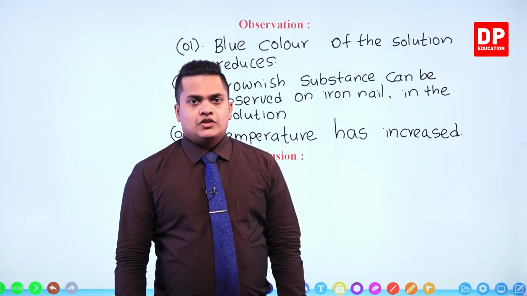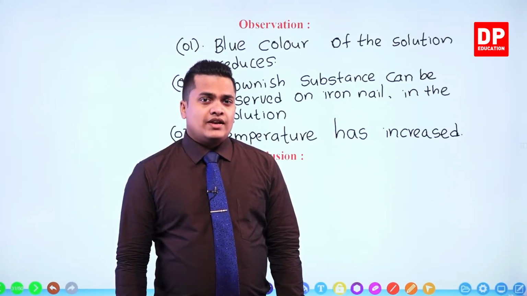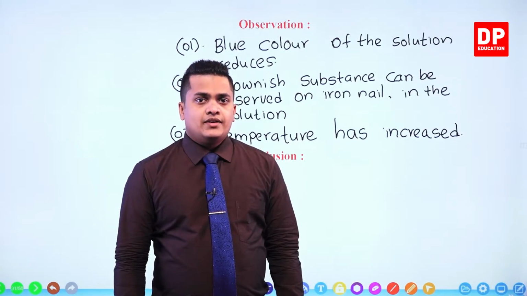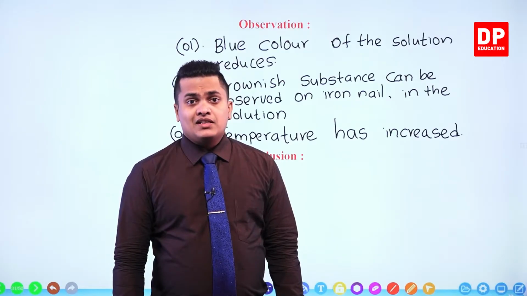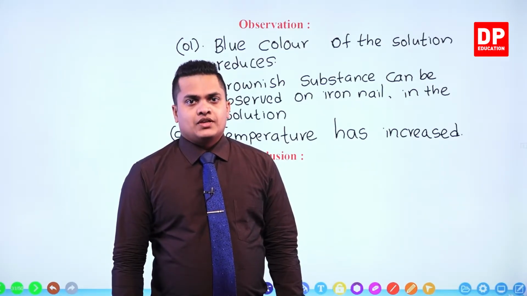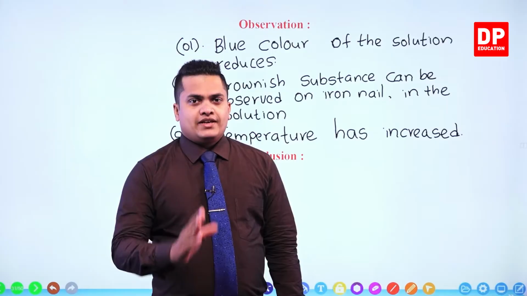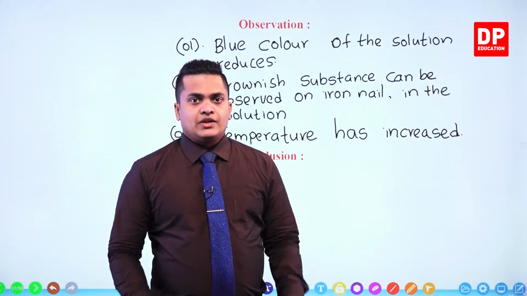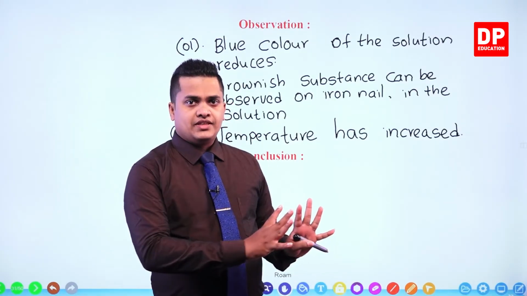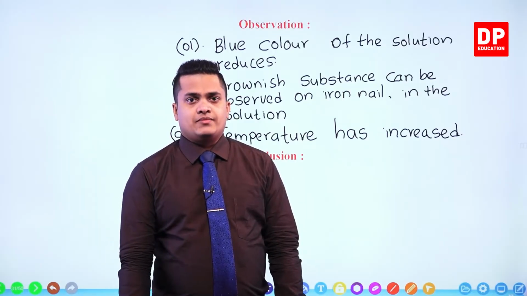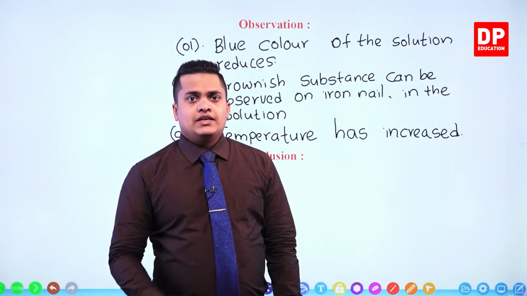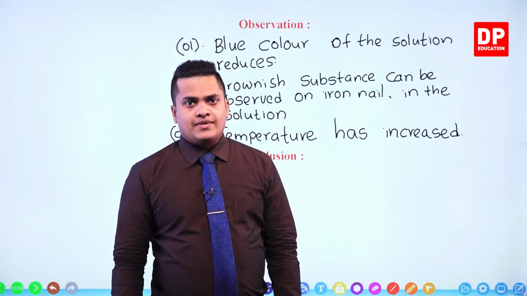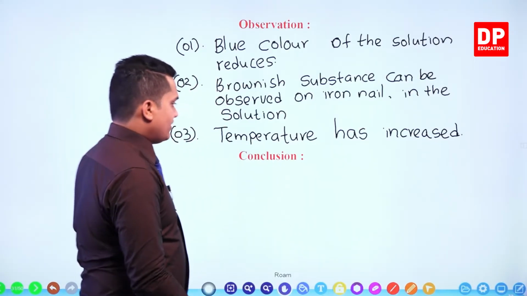So these are the solid evidences that we can provide to show that there is a chemical reaction within the system. So finally, we can conclude that new substances have been created within the system in this experiment. Therefore, this system undergoes a chemical reaction or a chemical change. We'll write down our conclusion then.